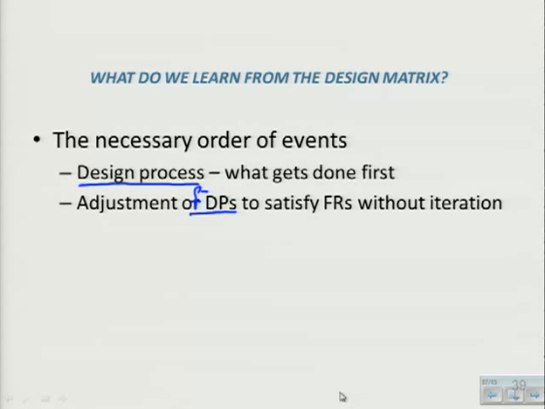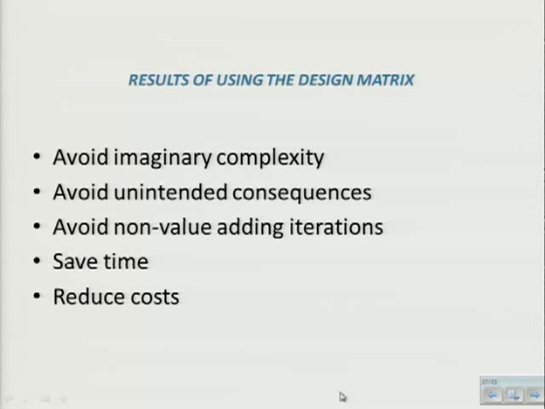So this avoids what's called imaginary complexity, and we want to avoid that. So this is what we do with the order of events. There it is. Avoid imaginary complexity.